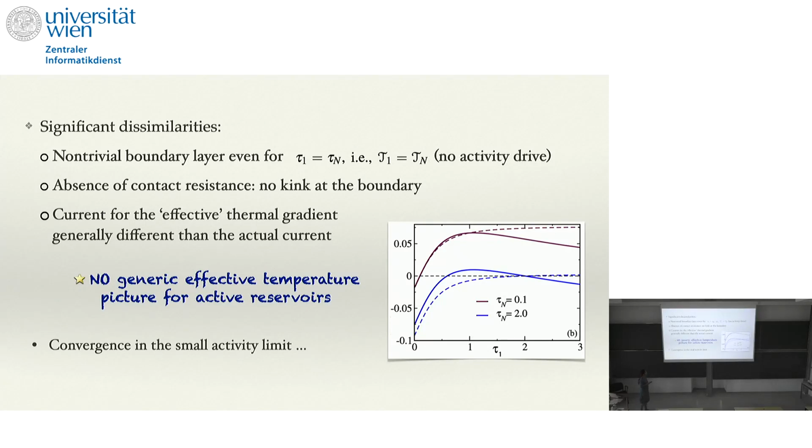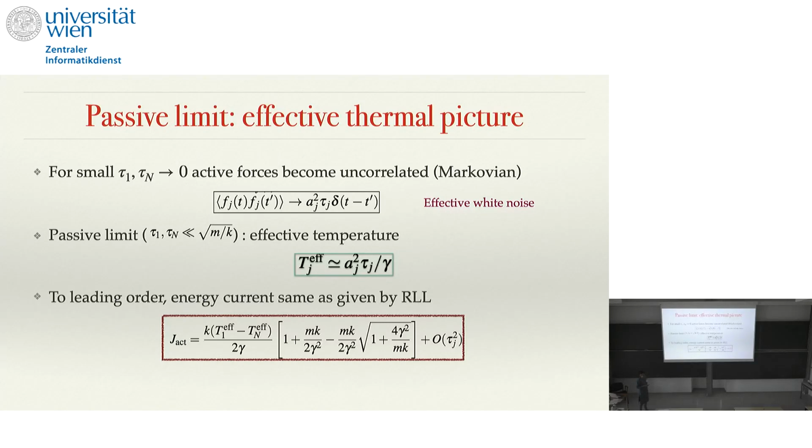In this limit, we actually expect some sort of an effective thermal behavior. It can also be understood simply by looking at the force correlation. So we had an exponentially decaying correlation of the force. And in the limit tau going to 0, this can be effectively replaced by a white noise, and the strength comes out to be aj squared tau j.